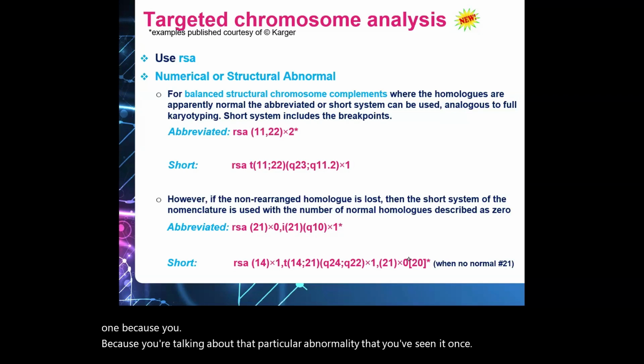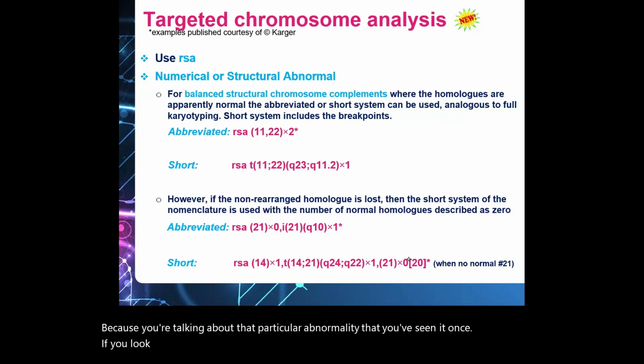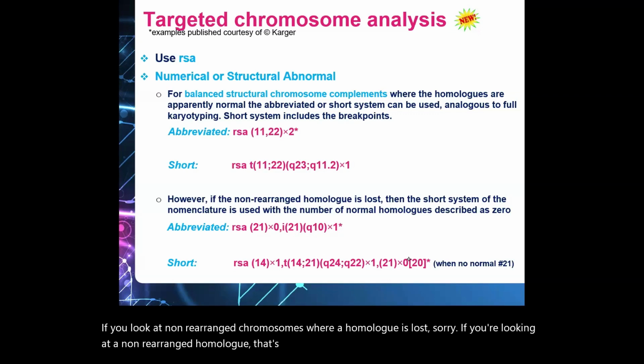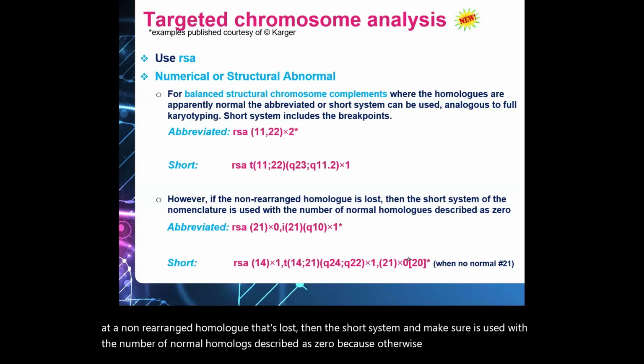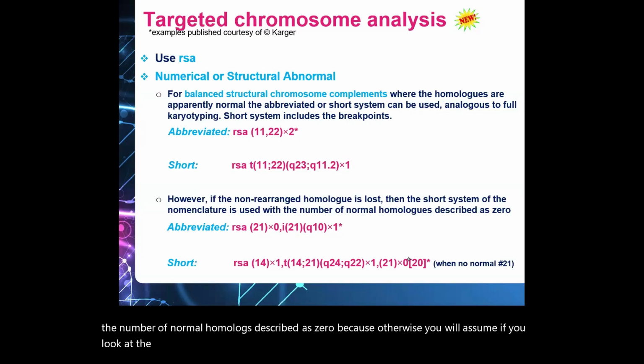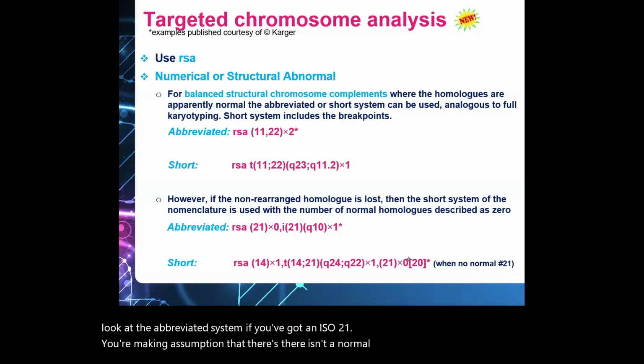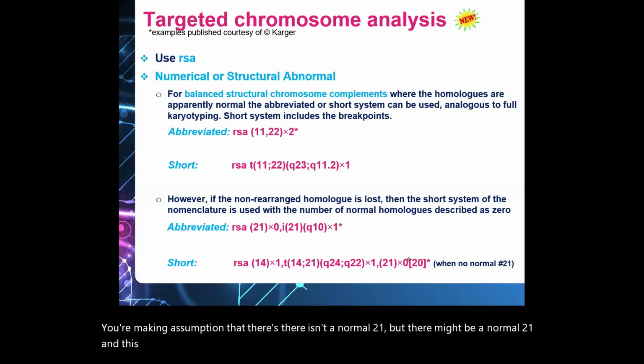If you look at non-rearranged chromosomes, where a homologue is lost, then the short system nomenclature is used with the number of normal homologues described as 0, because otherwise, if you look at the abbreviated system, if you've got an ISO 21, you're making an assumption that there isn't a normal 21, but there might be a normal 21, and this is a trisomy 21 patient.